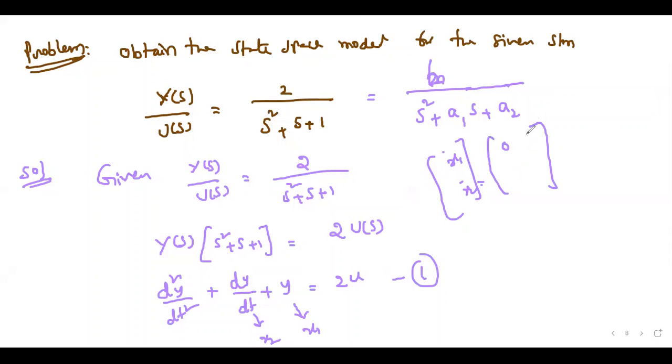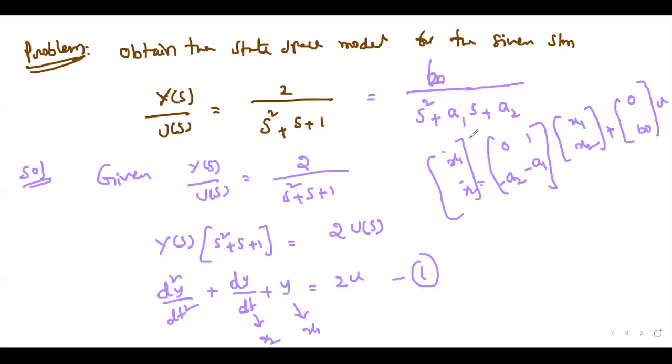First row is 0 1, and the last row is minus an, minus an minus 1 and so on. Here minus a2 and here minus a1, correct? Here 0, and the last entry is b naught.